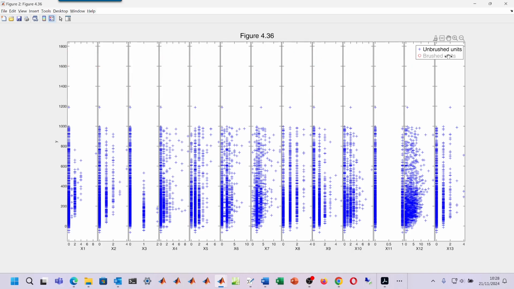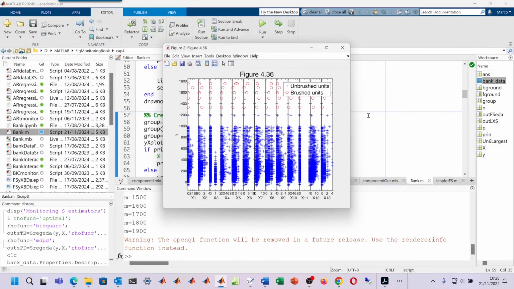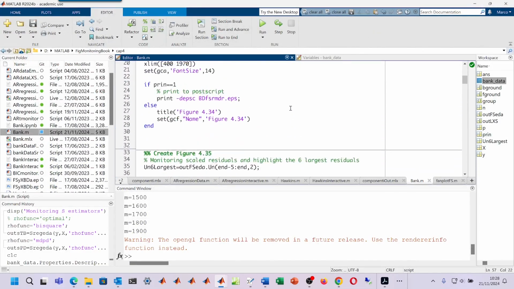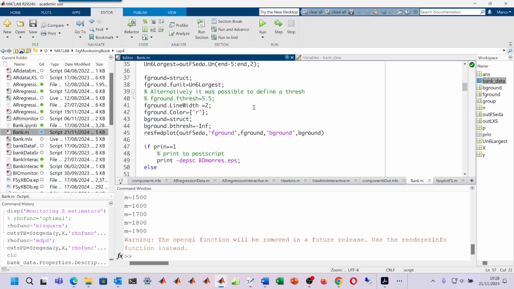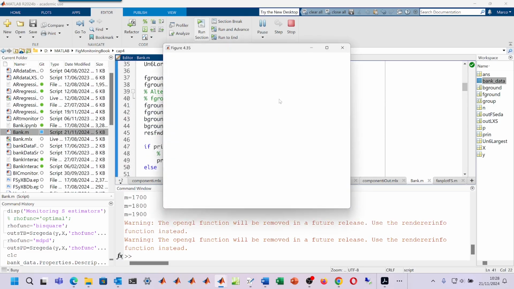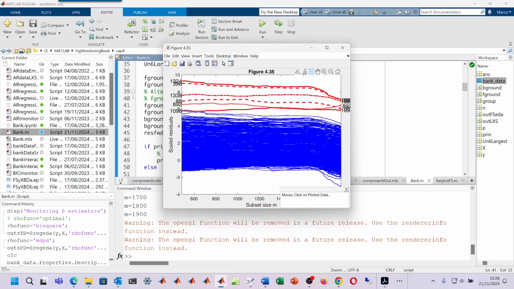You'll also see that there is a 7th blue one, which we didn't brush. And if you look back at the monitoring of residual plot, you'll notice that there is indeed one blue unbrushed residual, which is slightly greater than the bulk of them. Okay, let us go again, and this is this one here. Yeah, that's right.